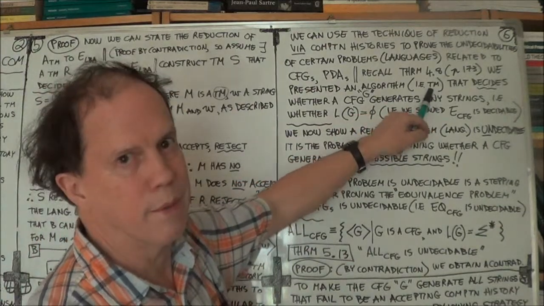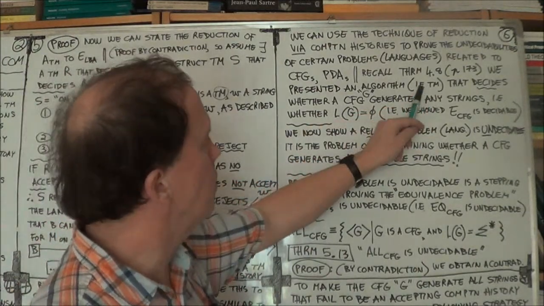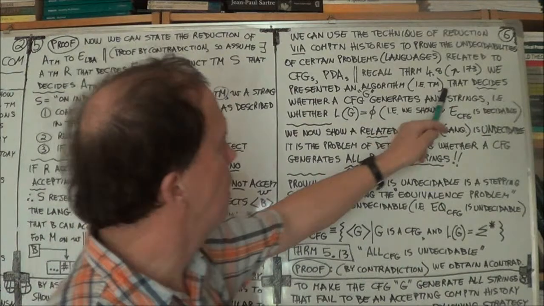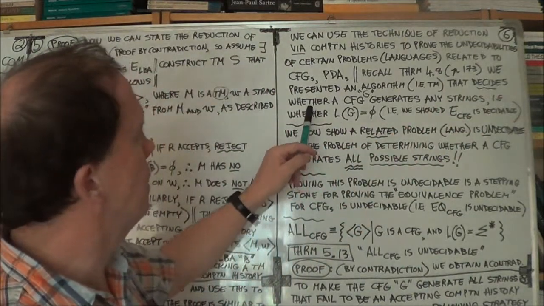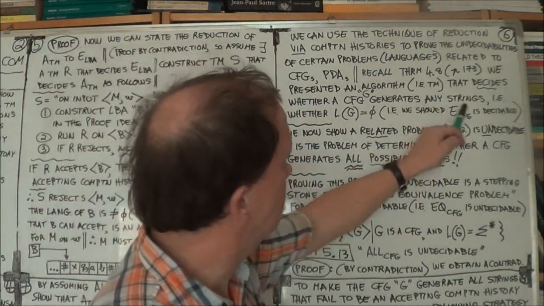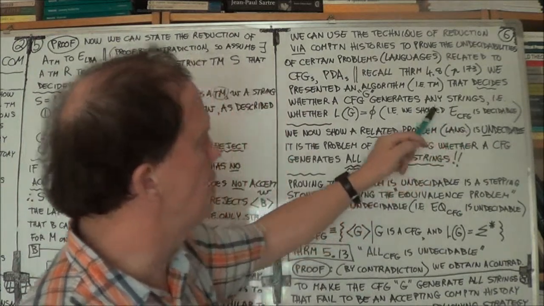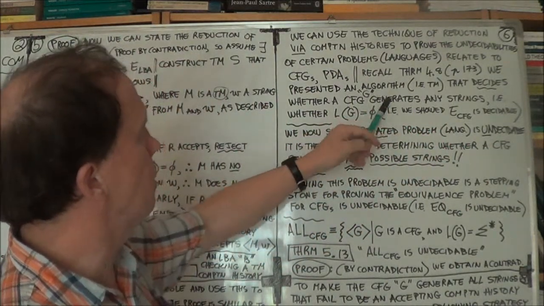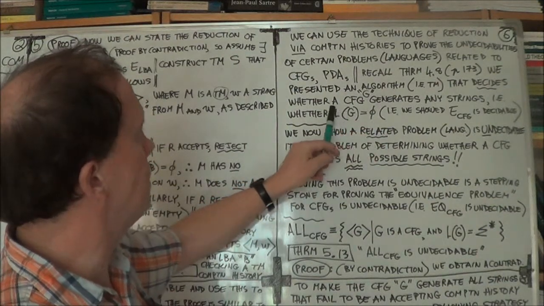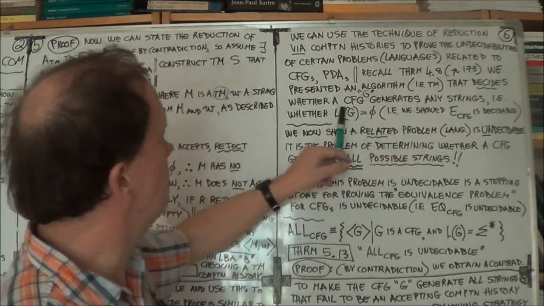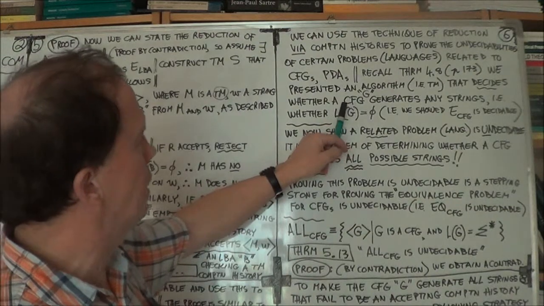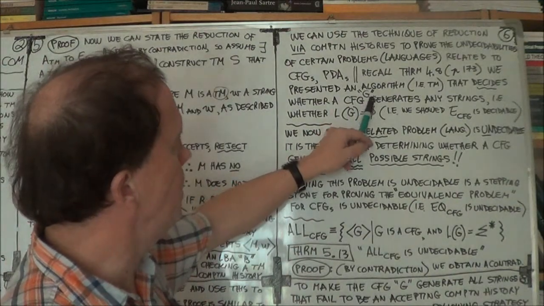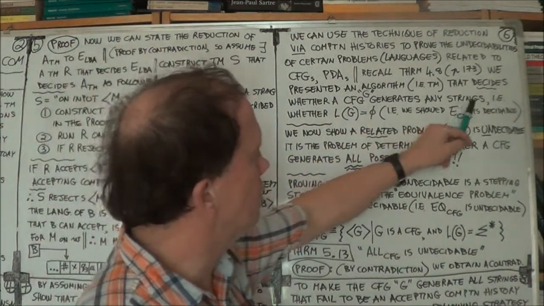Algorithms and Turing machines, same thing. In other words, we showed the existence of a Turing machine that decides this language. If you translate that language into a computational problem, this Turing machine is deciding whether a particular context-free grammar, call it G, generates any strings at all.